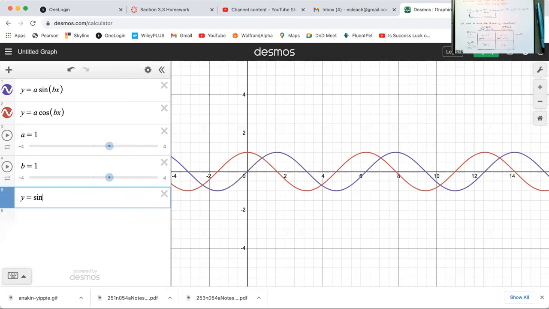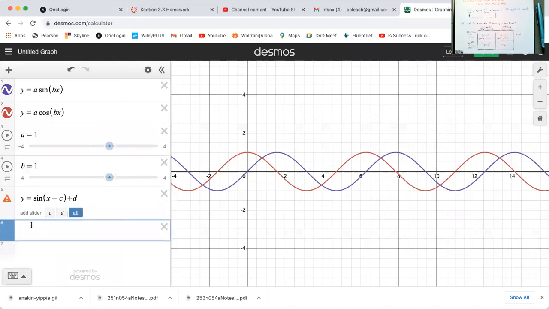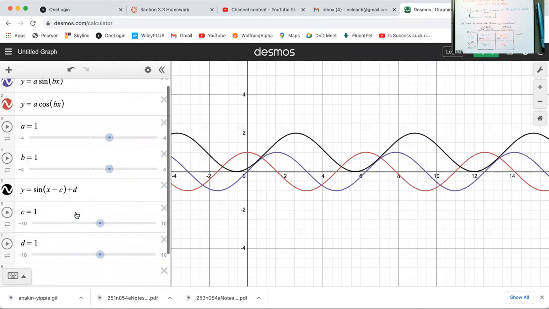I'm going to have sine of, say, x, I guess I'll use c, minus C, plus D. Sliders for all.